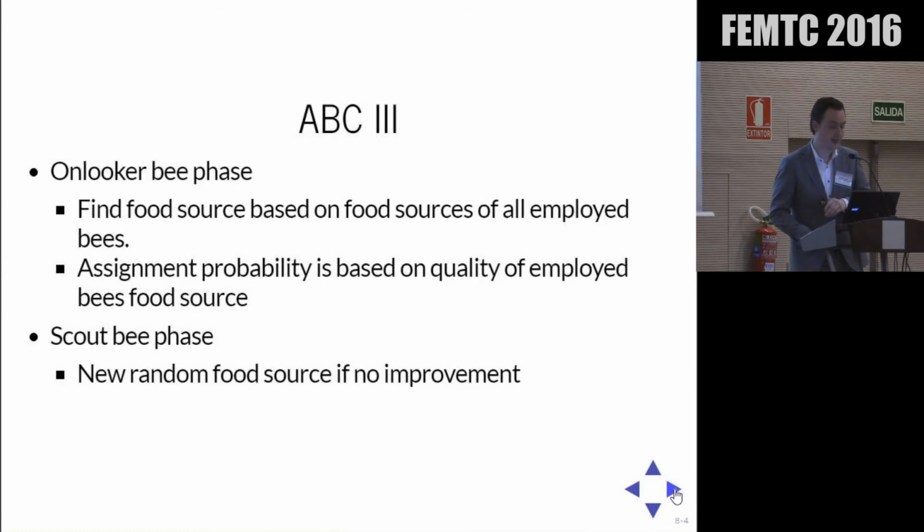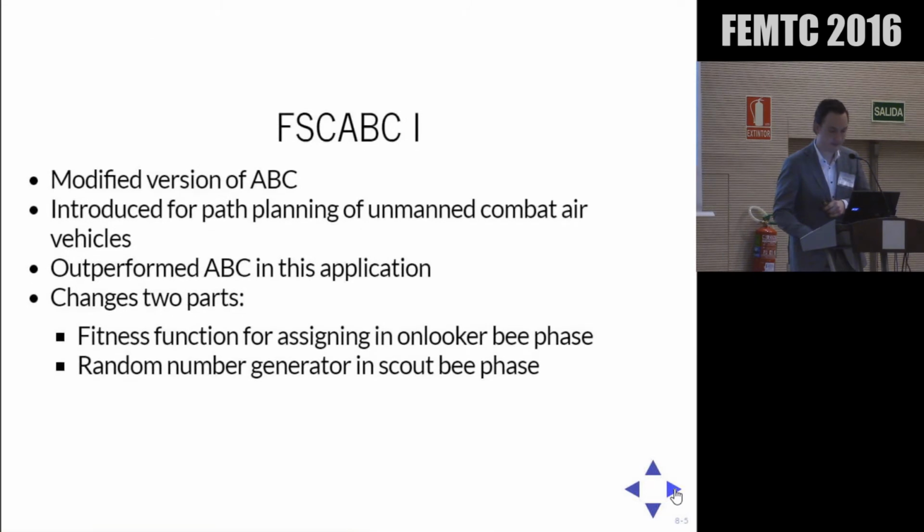In the onlooker bee phase, there is found a new food source based on all the food sources of all employed bees, and the assignment is probability based on the quality of employed bees' food sources. And if there's no new food source found after several iterations, a new random food source is generated. So this is what ABC does.